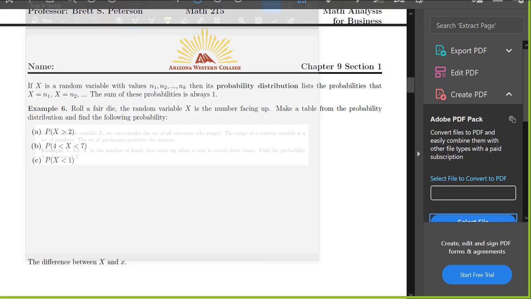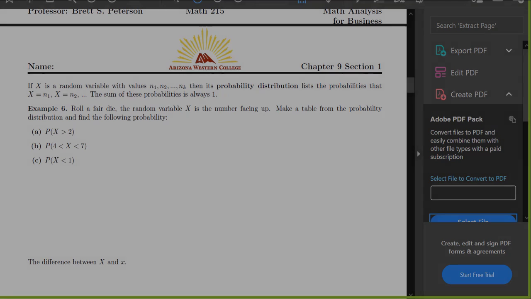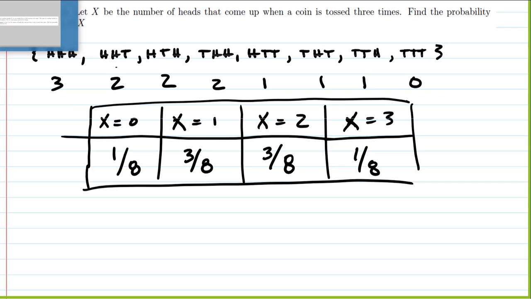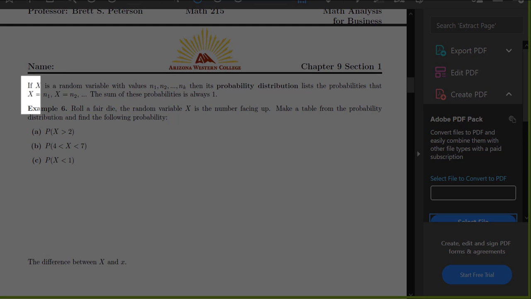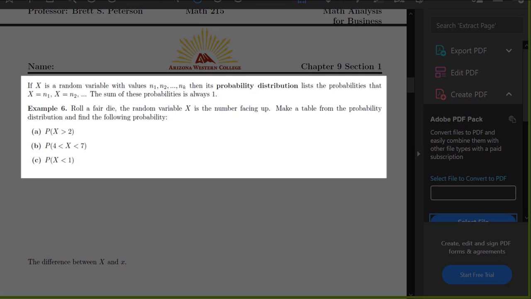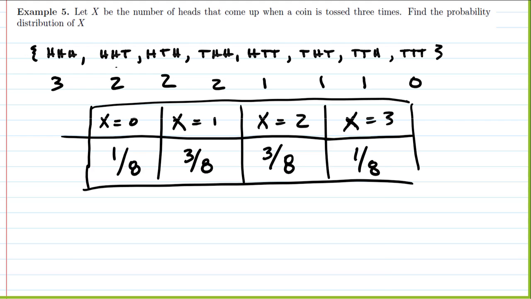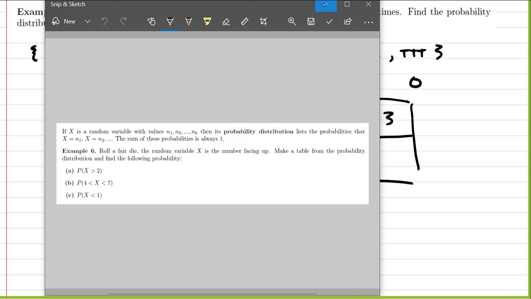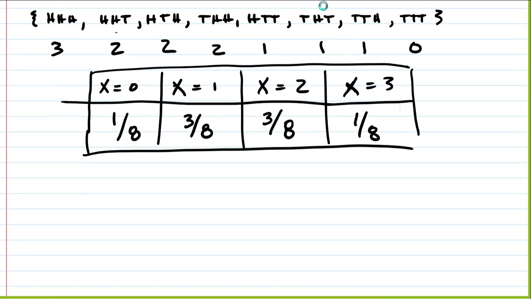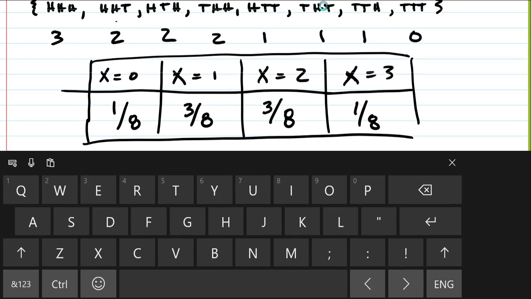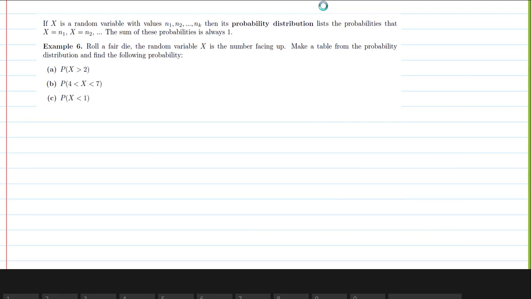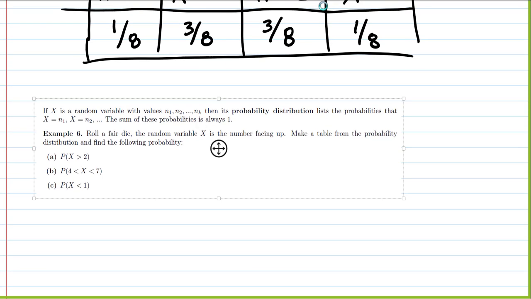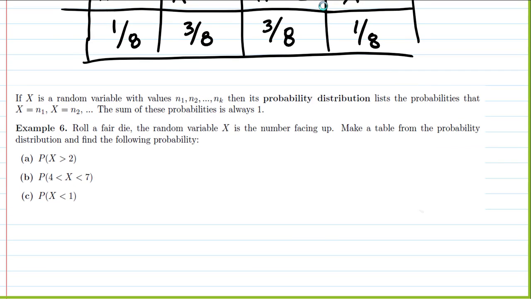So, something you may have noticed in our previous table is if you added up all of the values in the probability distribution, what did you get? What's 1/8 plus 3/8 plus 3/8 plus 1/8? 8/8. Which is 1. Well, that's exactly what happened when we had probability distribution functions in the previous chapter, right?